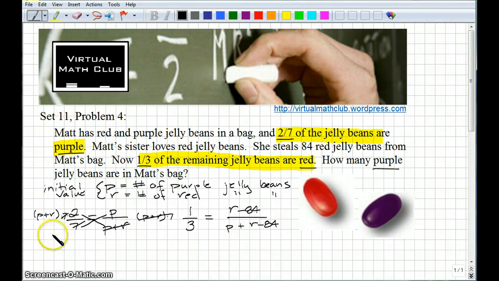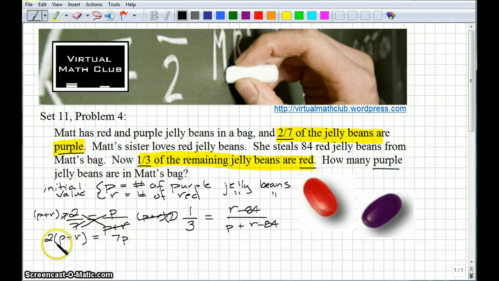So what we're left with is 2 times P plus R is equal to 7P.